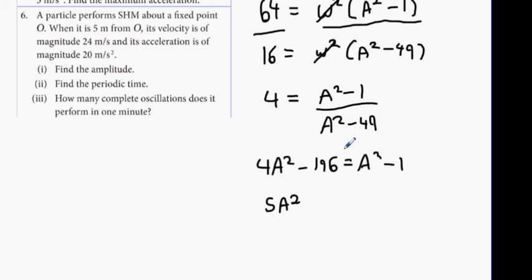Divide the 195 by 5. What was it? Is it 39 or something? Is that supposed to be 3A squared? Yes, it is. Excuse me. It's 3A squared. That'll explain the weird number, won't it? 3A squared. So divide 3 into 195.